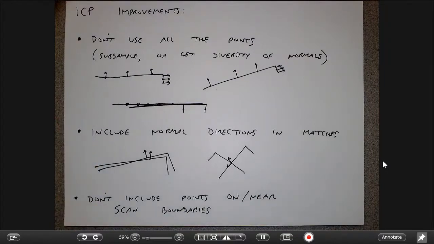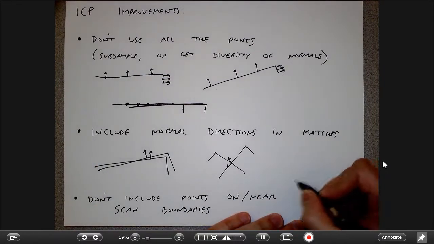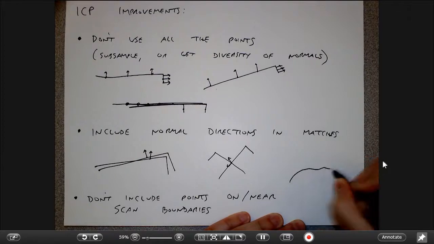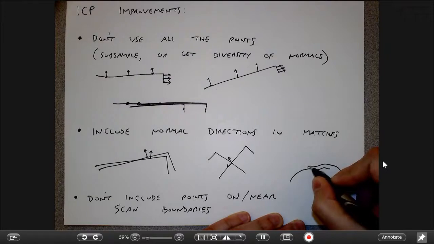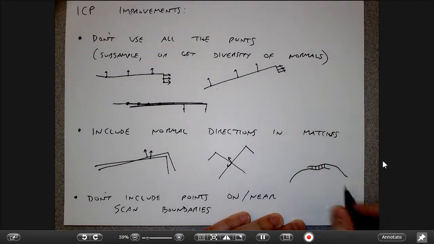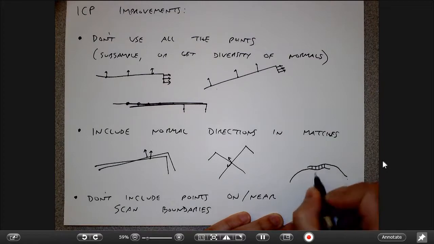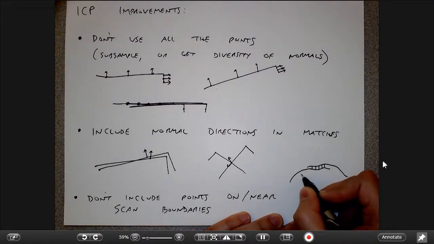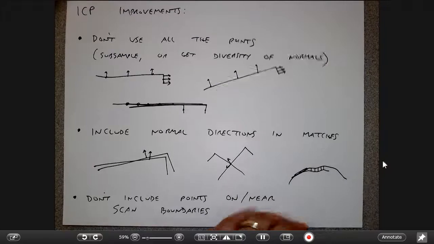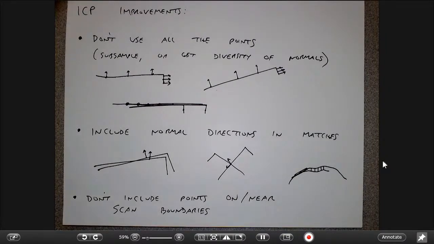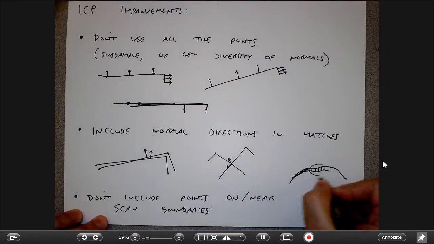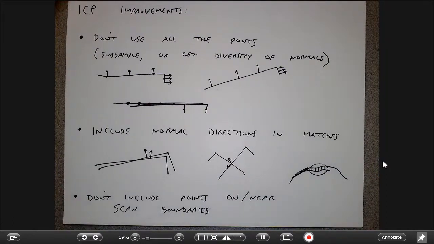What I mean by that is, if I have one scan over here and another scan over here, all these points over here are going to be pretty good, but at some point, if I think about the closest point of these guys to the other scan, I'm going to have a bunch of matches all to the same other point on the other surface. That's only going to throw me off. I'm not going to get anything out of that. So the idea is that I should only be matching up stuff in my nice overlap region.